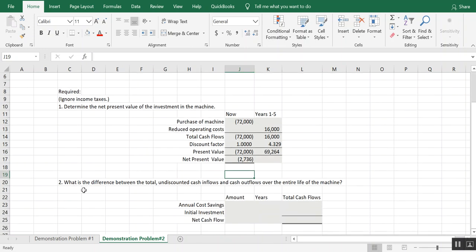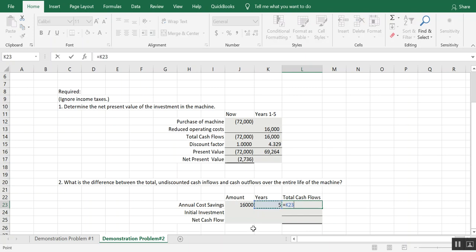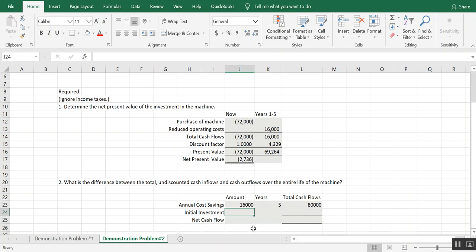Okay, then what is the difference between the total undiscounted cash inflows and cash outflows over the entire life of the machine? Well, if we take the annual cash savings, we have $16,000, and we're going to have that for 5 years. We basically just multiply that out and we get $80,000. The total investment here is going to be the 72,000, and that's a negative cash flow.